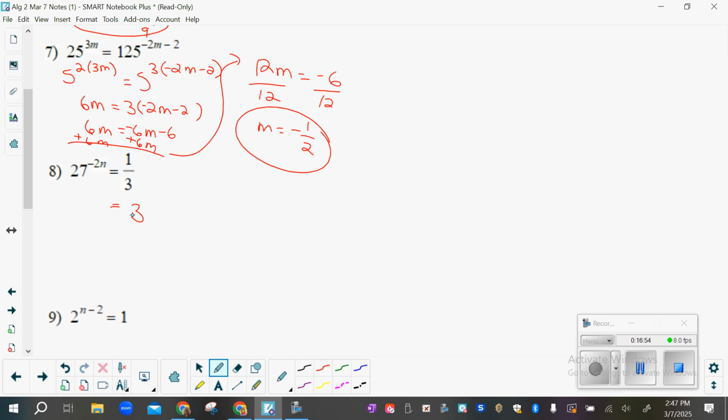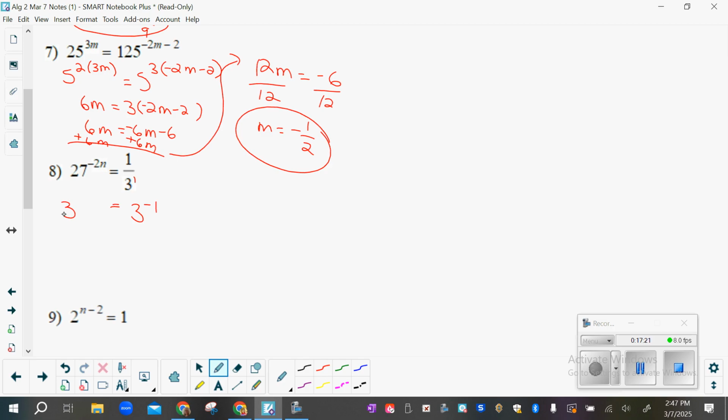Negative what? -1. So 3 to the -1, because remember this is a 1 here. So this is like 3 to the -1. And then 3 to what exponent is 27? Just go back here. This one right here. That is 3.